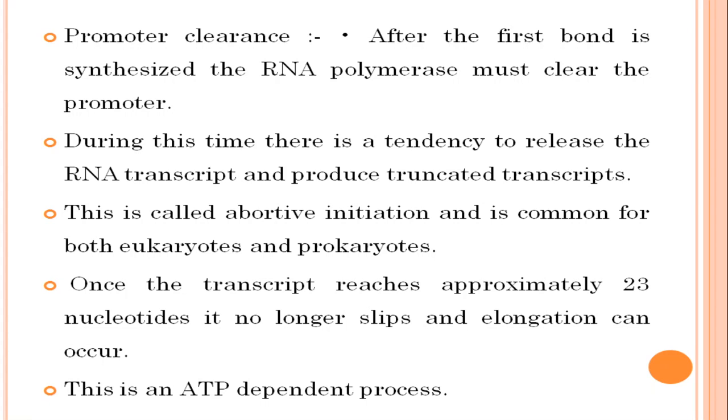But this can be prevented by the role of different factors and phosphorylation activity that we will see in the elongation process. But once the transcript reaches approximately 23 to 25 nucleotides, it is no longer slipping and elongation can continue. This is an ATP dependent process.